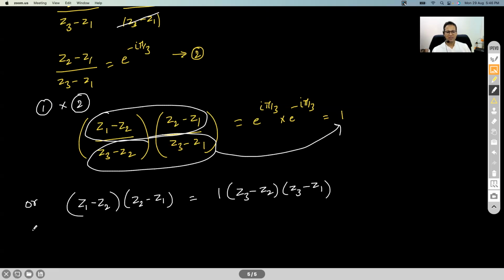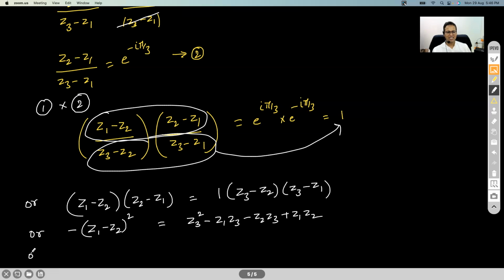Okay. By the way, this is as good as saying (Z1 minus Z2) square with a negative sign. Here also you can multiply it up. This will become Z3 square minus Z1 Z3 minus Z2 Z3 plus Z1 Z2.